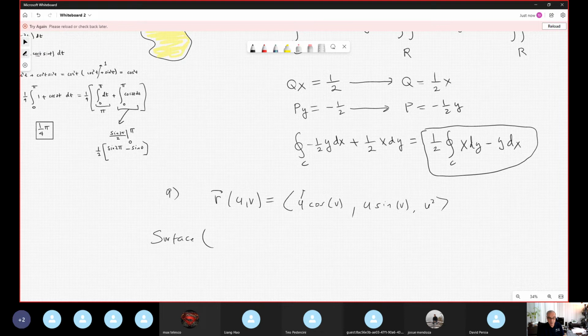You copy the x component, u cosine v, y is u sine v, z is u squared. And the specification of the domain is very important. Here the domain is u from 0 to 1 and v from 0 to pi.